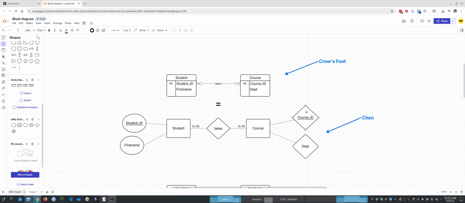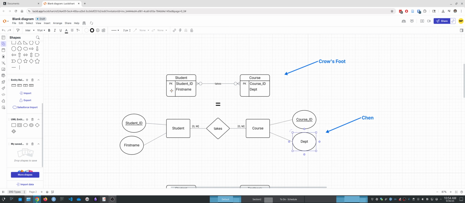It's not giving me that. Let's replace those. We have the primary key of courses is course ID, and so I'm going to underline that. And then a non-key attribute, because there could be many, is department. And so these are the attributes.